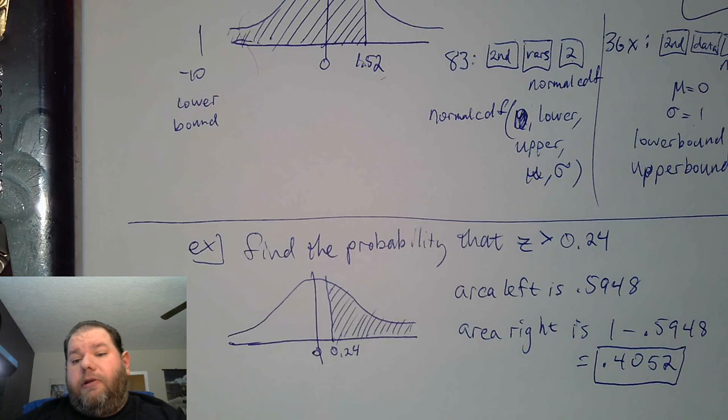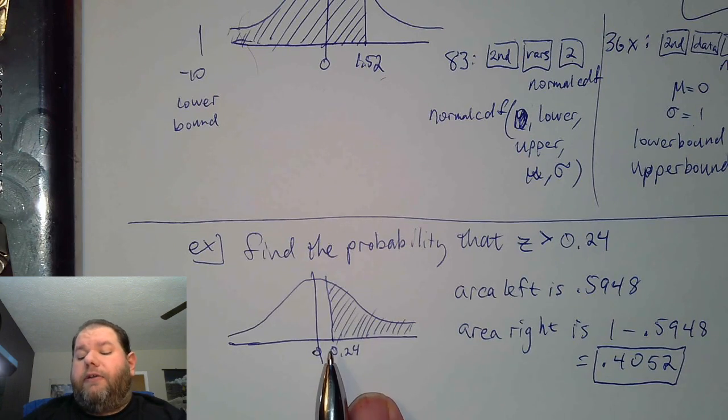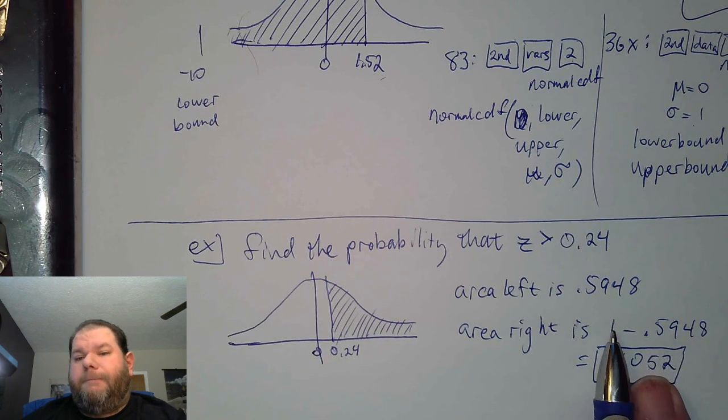So anytime we want to find the area to the right, we'll just subtract it from 1.